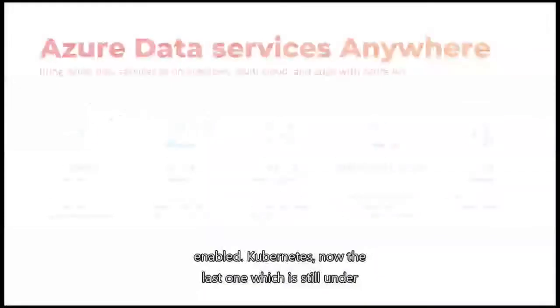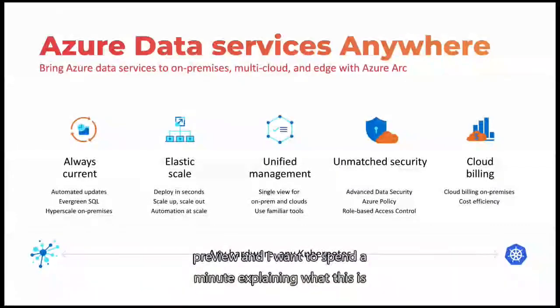Now the last one, which is still under preview, and I want to spend a minute explaining what this is all about. So as I mentioned earlier, once Kubernetes is reliably running in different environments, we can take advantage of that to run very scalable, highly available, fault-tolerant workloads. And Microsoft has done exactly that with Azure Arc.